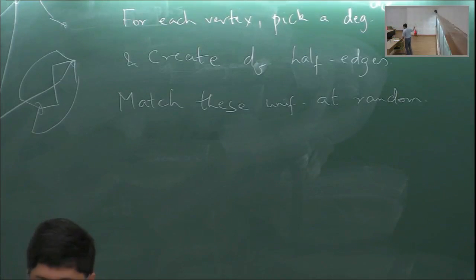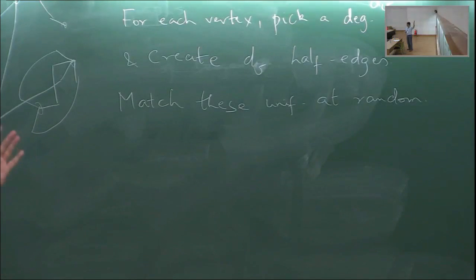If this model seems a bit unclear, there's something else called the soft configuration model, which achieves almost the same. It's also called the expected degree model. Here each vertex acquires a weight according to the degree distribution, and then you put an edge between any pair of nodes with probability proportional to the product of their weights.